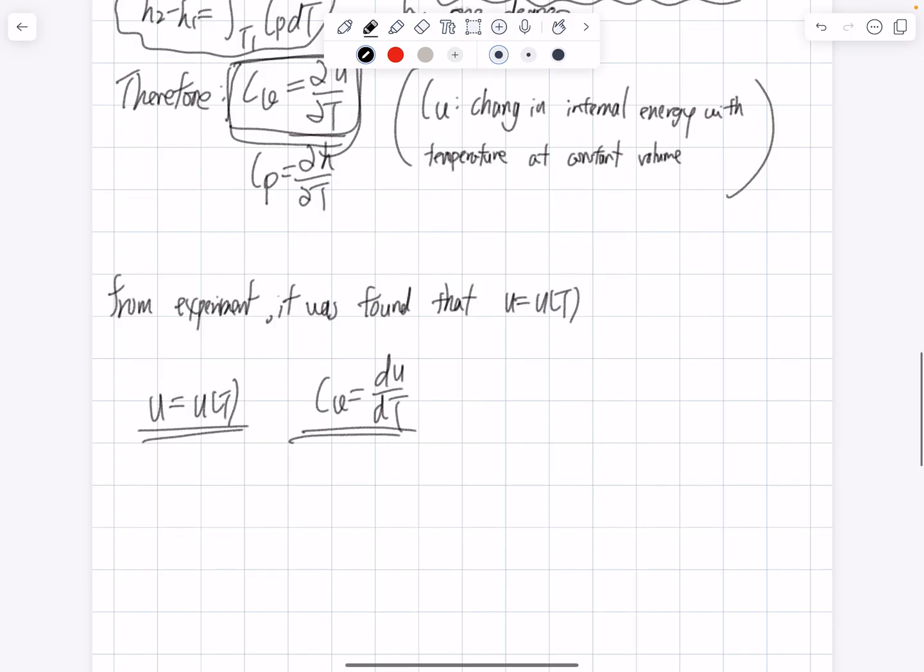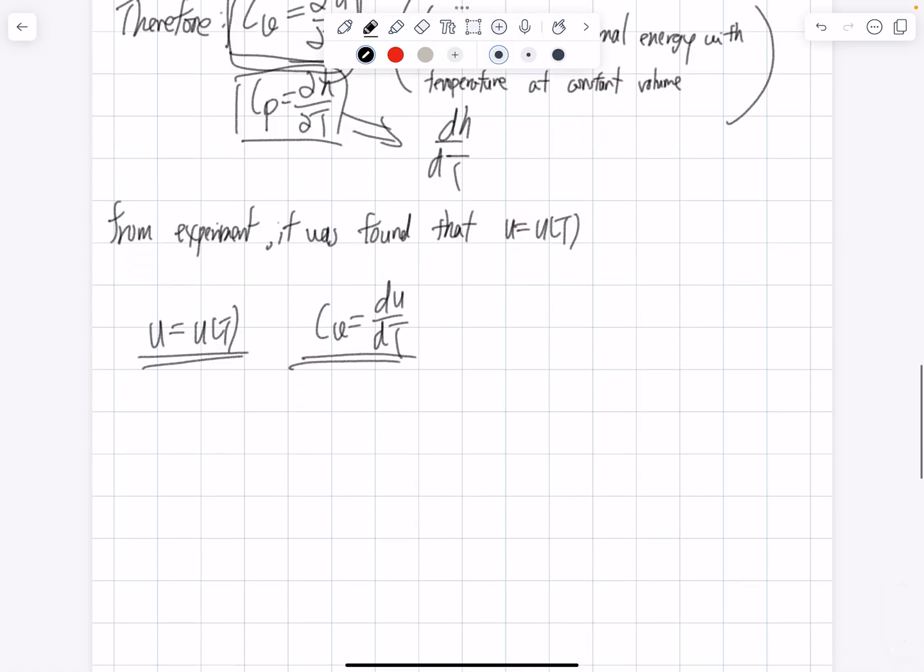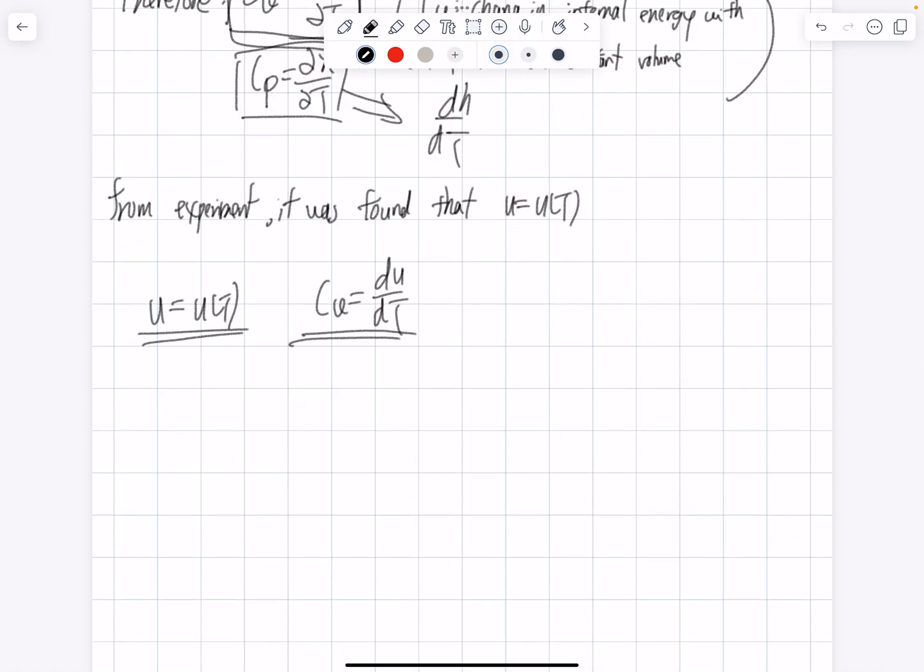How do we prove that this is also dH/dT? Then we go back to our ideal gas law. Enthalpy equals U plus PV. Now, this term has nothing to do with temperature.